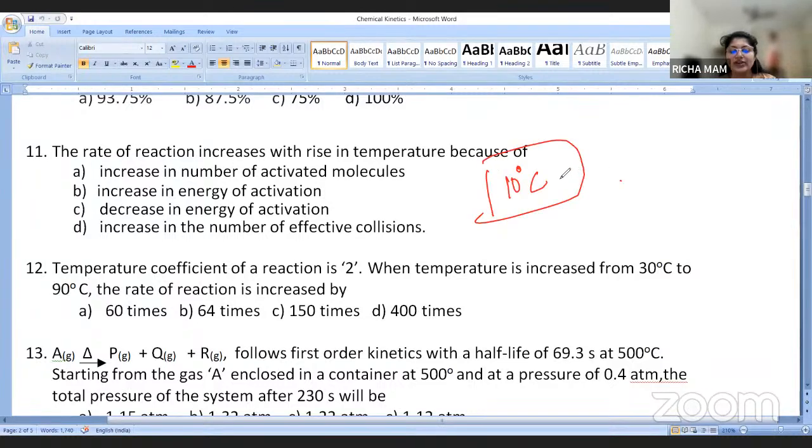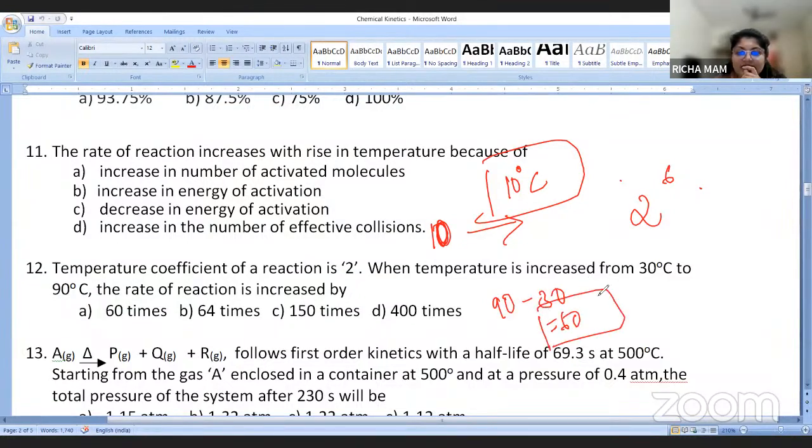So what will happen when the temperature goes up by 60 degrees Celsius? 90 minus 30 is how much? 60.